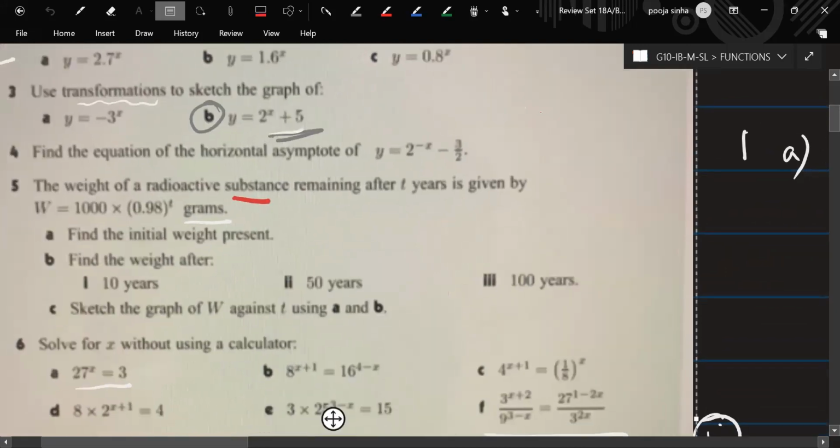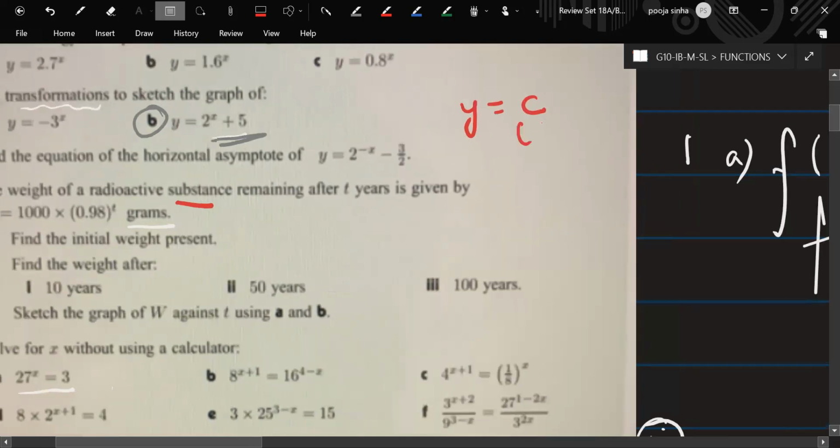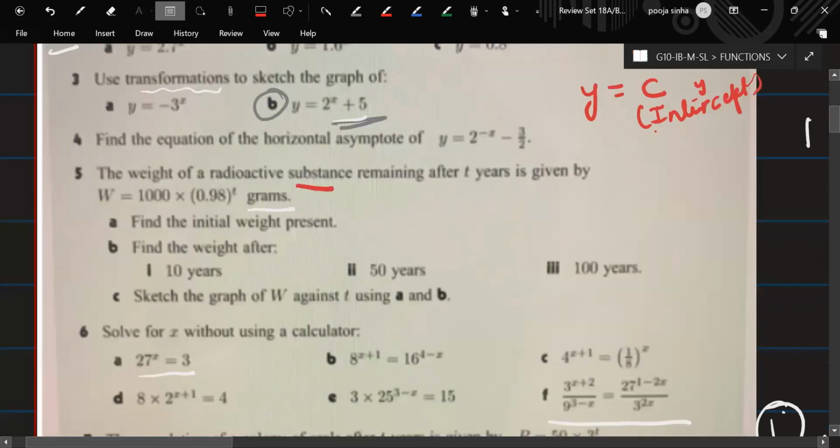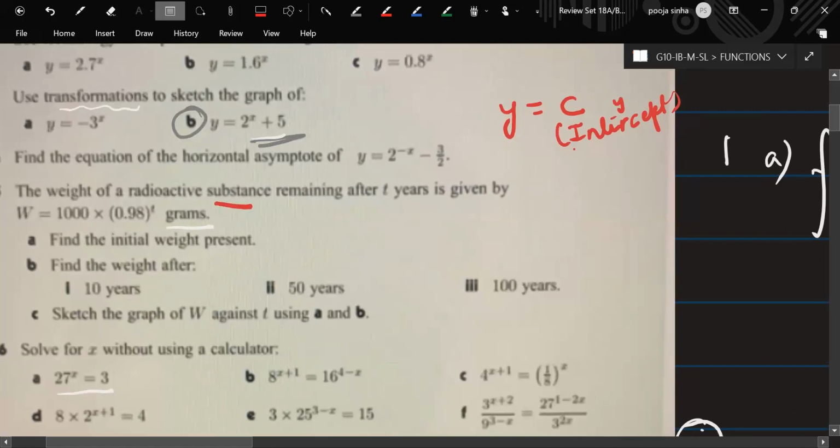So first thing is, wherever y will be equal to c. What is c? c is the y-intercept. You know that? Which intercept? Y-intercept. That becomes the asymptote. So you always remember that whenever it says find the equation of the horizontal asymptote, you have to answer in this way: y is equal to c. And you have to find the value of c.